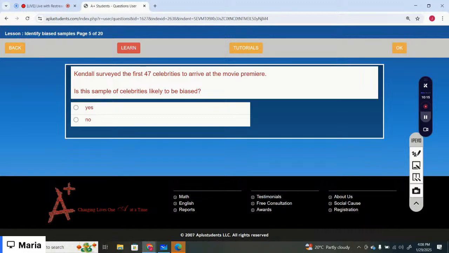Kendall surveyed the first 47 celebrities to arrive at the movie premiere. Is the sample of celebrities likely to be biased? Which is the correct option?